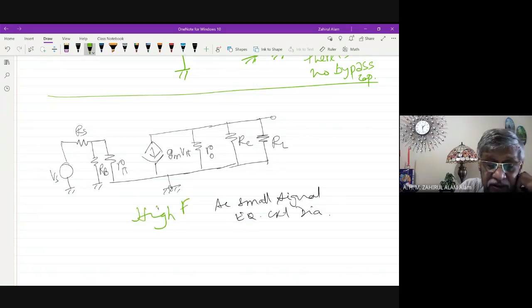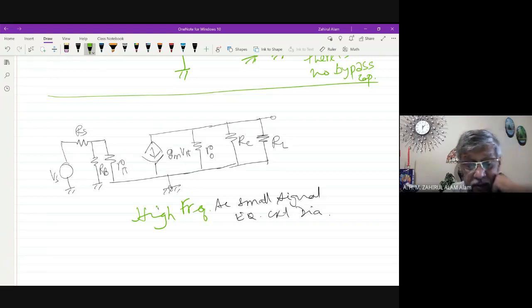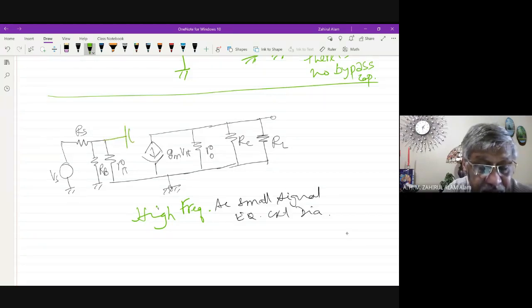In our last class, I'm not sure how many were present, we mentioned we need to introduce some capacitance, three capacitances.